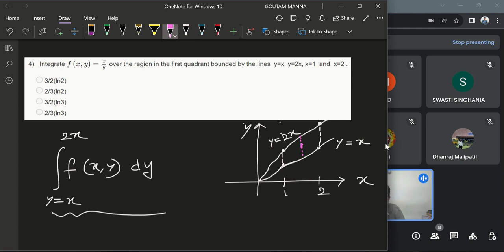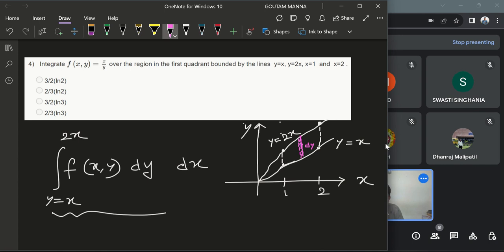This is the dy. So at any point x, this quantity will give me the integration along this line. And now if I multiply with dx, it will give me an integration along this small area patch.